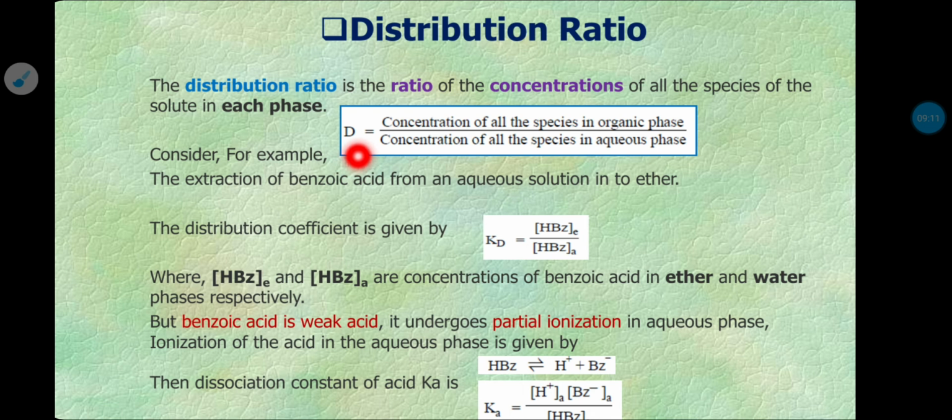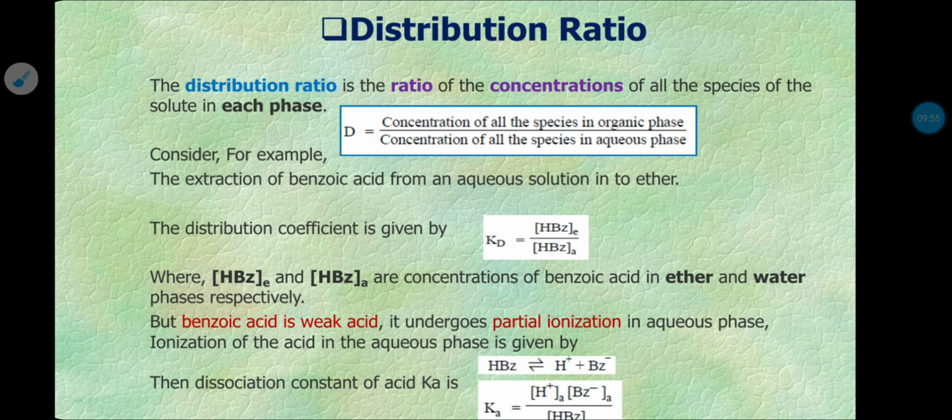Symbolically, D is equal to the concentration of all species in the organic phase divided by the concentration of all species in the aqueous phase. So there is a small difference between the distribution coefficient and the distribution ratio. The distribution coefficient is the concentration of solute in solvent 1, the organic solvent, divided by the concentration of solute in the aqueous phase. But for the distribution ratio, it is the concentration of all species present in the organic phase divided by the concentration of all species in the aqueous phase.